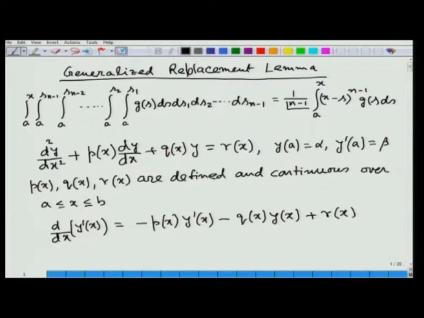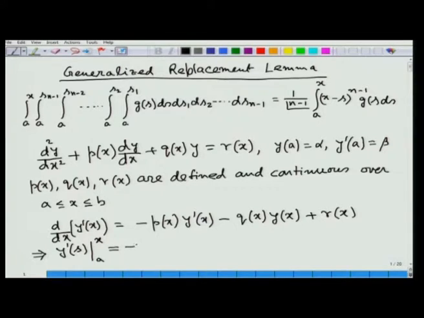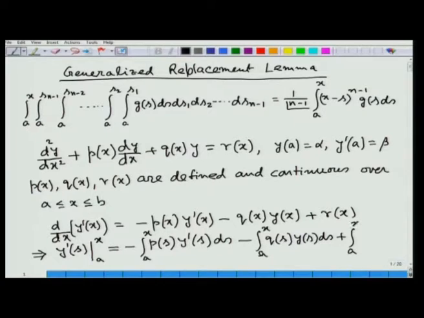After integration it takes this form: y dot (s) from a to x is equal to minus integral a to x p(s) y dashed (s) ds minus integral a to x q(s) y(s) ds plus integral a to x r(s) ds.